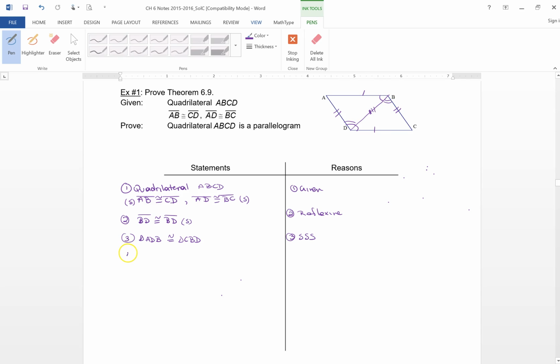So let's write that up. Angle ABD is congruent to angle BDC, ADB, DBC, CPCTC.